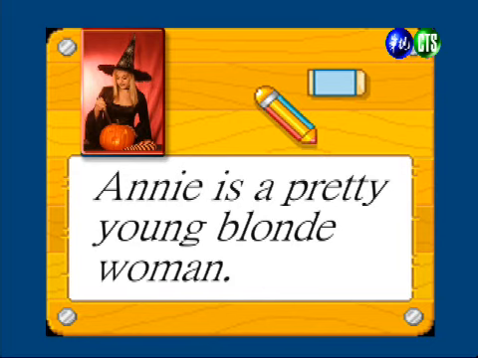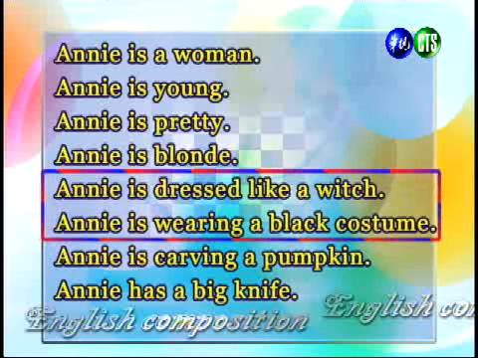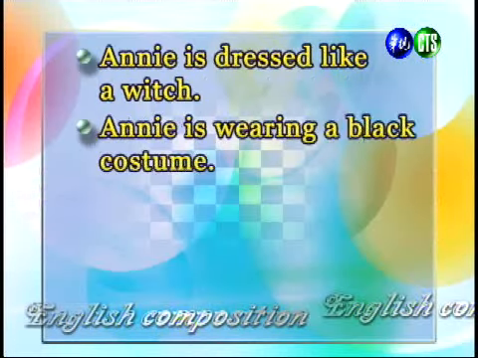All right. So now let's continue to combine our next two sentences together. We have Annie is dressed like a witch and Annie is wearing a black costume. We said earlier that dressing is a very similar idea to wearing, so we're going to make this sentence: Annie is wearing a black witch's costume.